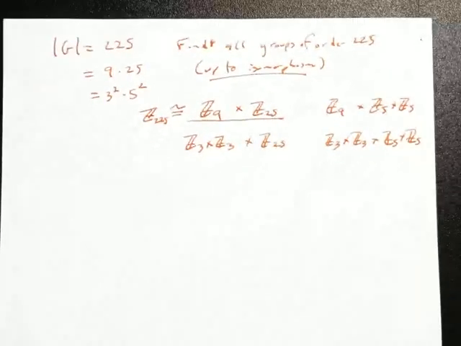And it says up to isomorphism, so I don't need to include it two ways, I only need to include it once. So there are only four. Questions?